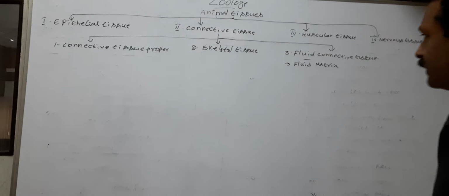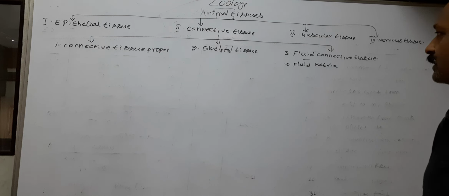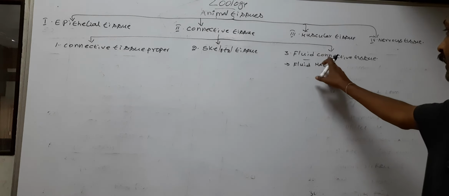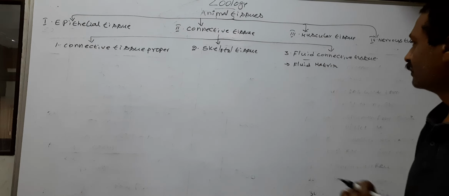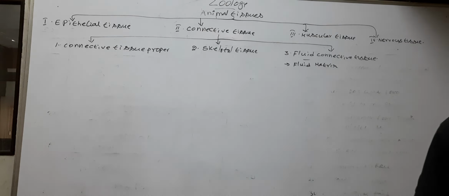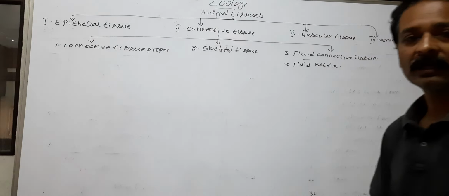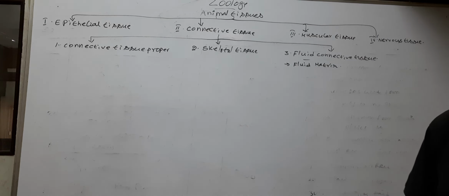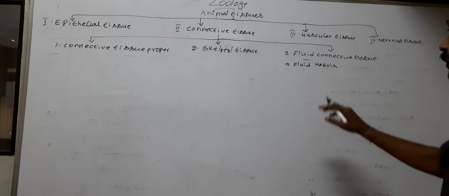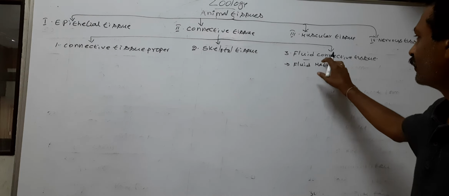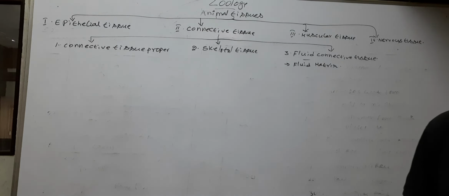But the skeletal tissue possesses solid matrix, while fluid connective tissue contains fluid matrix. The matrix does not contain collagen fibers or elastin fibers. So, fibers are absent in the matrix of fluid connective tissue.